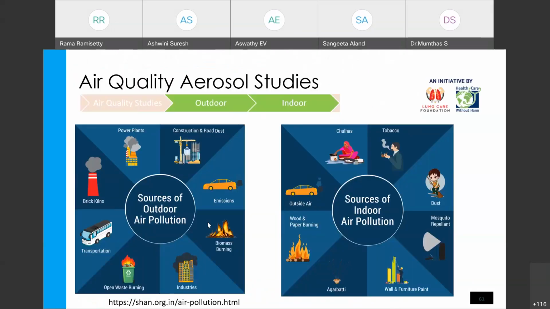Lung Care Foundation has summarized these very nicely in these pictures. Lung Care Foundation from New Delhi is doing a great job in the field, creating a lot of awareness for the public. So you can see the different sources for outdoor air pollution and also indoor air pollution.